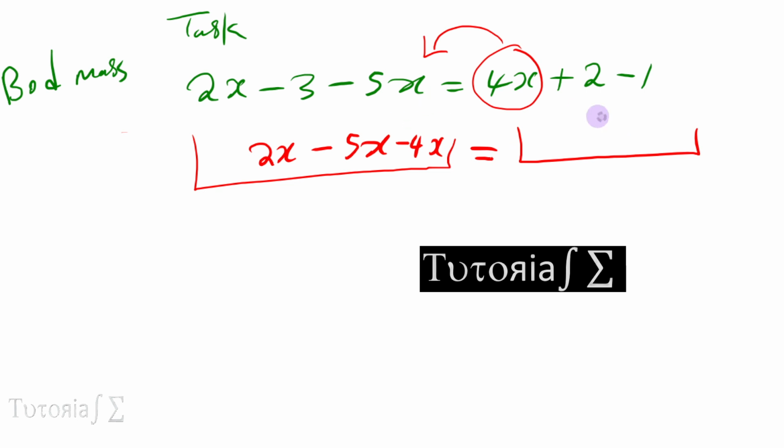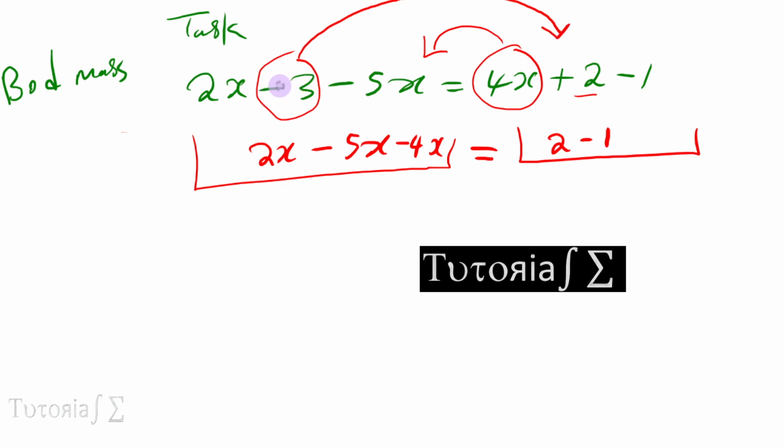Then on this side, we have 2 minus 1 on this bucket. Then here we have this negative 3. Remember, always include the sign in front. Now, if this comes to the other side, it will cross the equal to sign, so the sign in front of it changes.